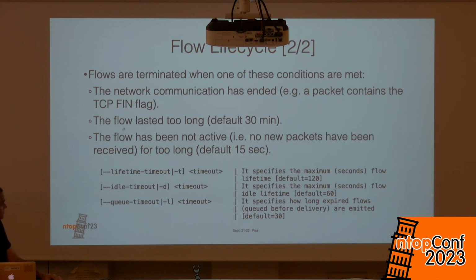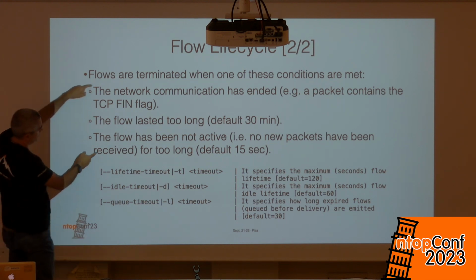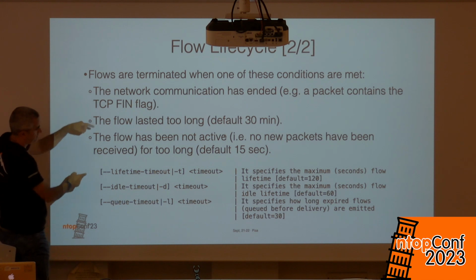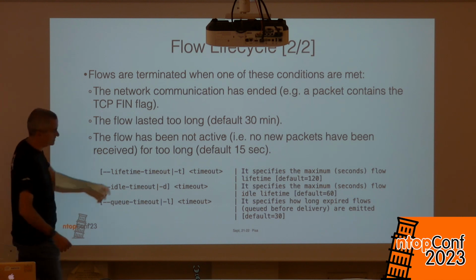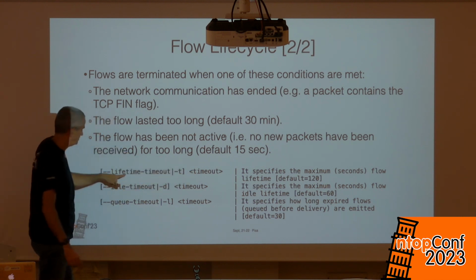But for sure, when the flow lasted too long, so you put a default maximum duration, or when the flow has not been active for some time. In our case, in mprobe, we use this information on the command line to specify the timeout. We specify the timeout with -t for the lifetime.